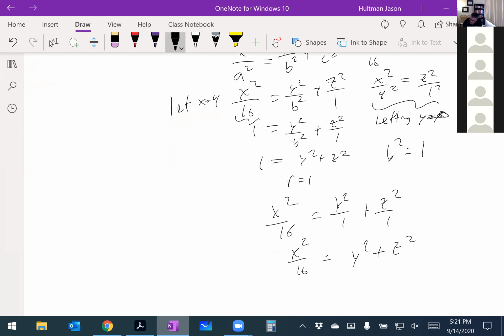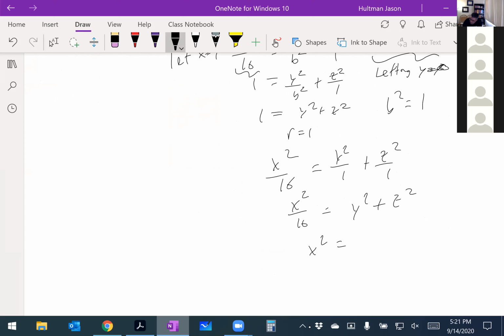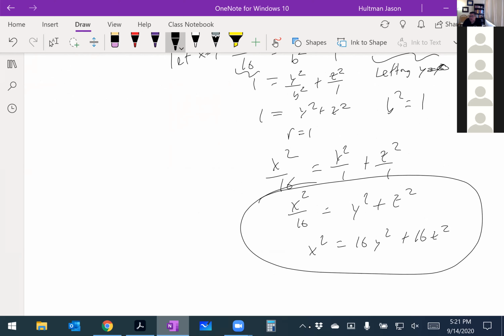You can leave it like that, or you can do 16y squared plus 16z squared. Either of those two are acceptable. That's the equation of the cone that has that slope. The edges of the cone have the slope x equals 4z, if that makes sense.